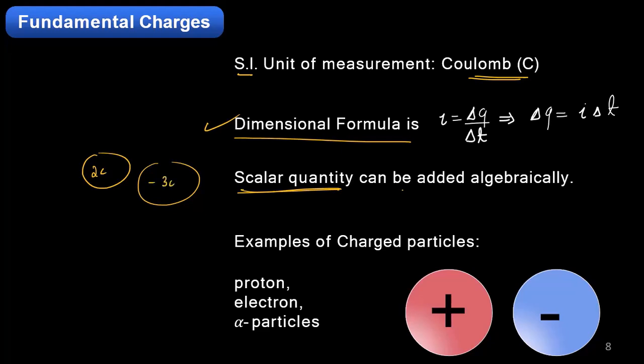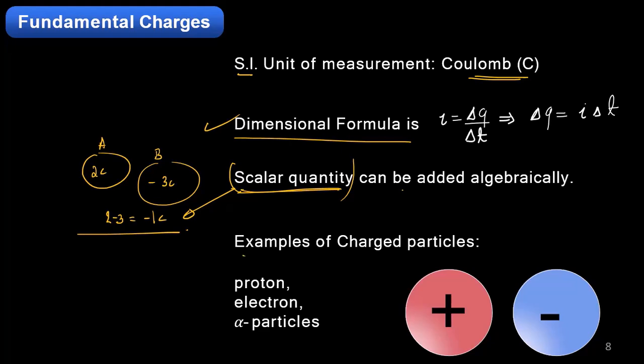What is the total charge? 2 minus 3, that is -1. So -1 coulomb is the net charge inside A and B together. That means addition or subtraction of charge can be done as a simple scalar addition. Also, -3 coulomb refers to more number of electrons.